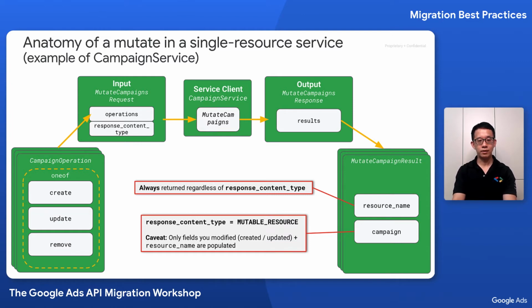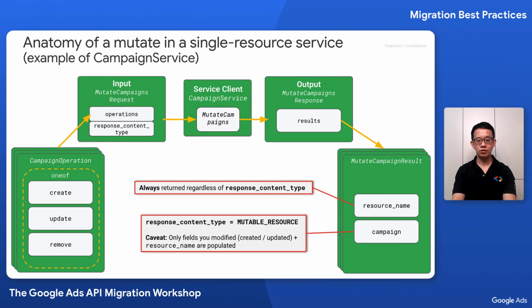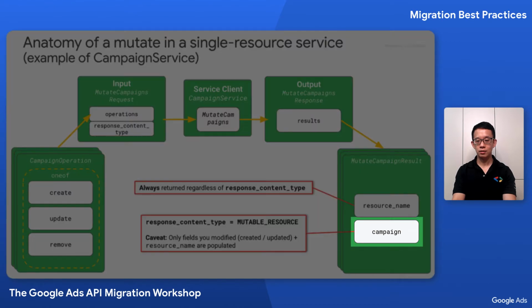Note that we have another field that I have not mentioned yet in the MutateCampaignsRequest. It is response content type. The response content type determines whether the second field of the MutateCampaignResult will be populated or not.